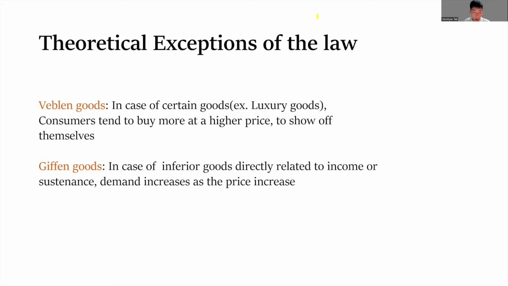Of course, in spite of our demonstration, there remain exceptions in applying the law. The famous cases are Veblen goods and Giffen goods. Veblen goods are notable in luxury goods, because they are bought to show off wealth. Therefore, purchases increase even when the price goes higher.